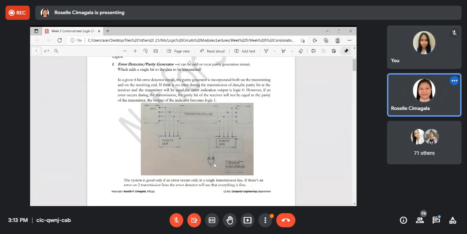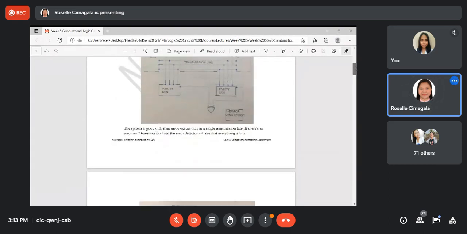It says here that if there is an error, it should be detected. The system is good only if an error occurs in a single transmission line. If there is an error on two transmission lines, the error detector will see that everything is fine.